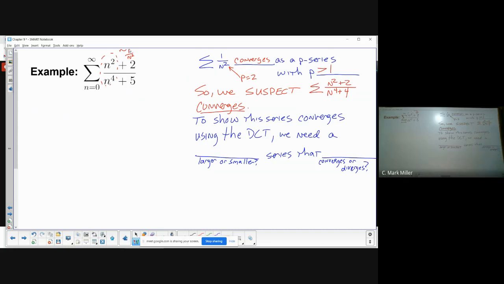Fill in the blank. Do we need a larger series or a smaller series? And we're looking for one that converges or diverges.